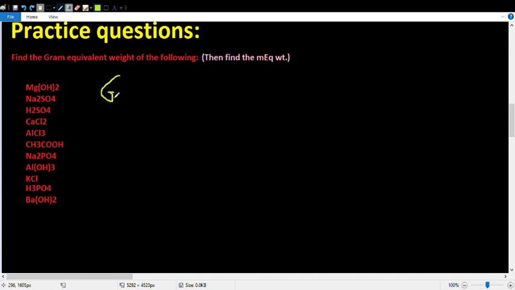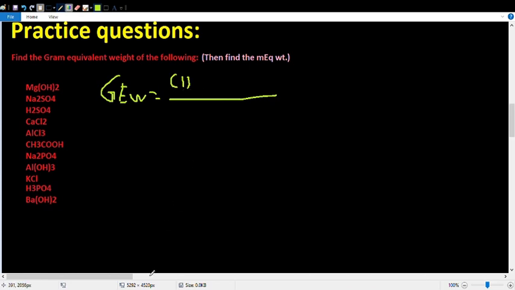So let's proceed with the formula, gram equivalent weight is equal to the molecular weight over the factor. For the molecular weight, let's check how many atoms of magnesium there are. There are 2 atoms.